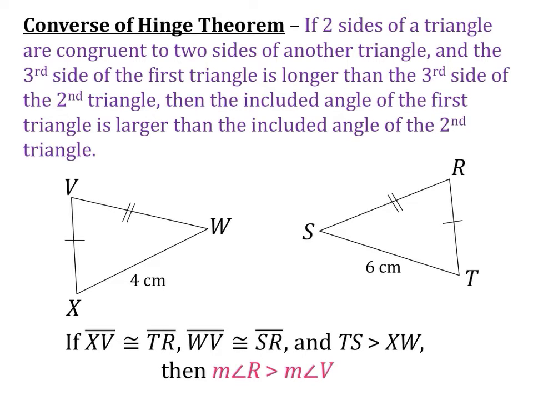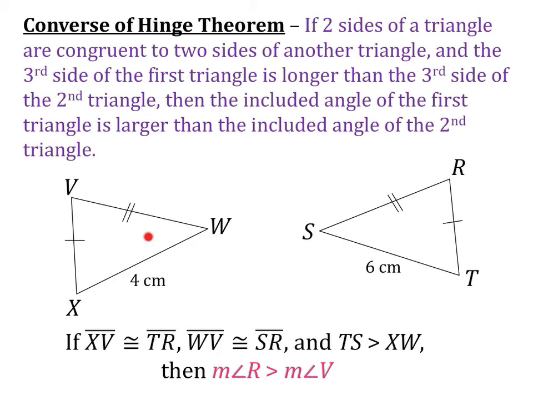The converse states if two sides of a triangle are congruent to two sides of another triangle, and the third side of the first triangle is longer than the third side of the second triangle, then the included angle of the first triangle is larger than the included angle of the second triangle. So similar relationship, except we're switching. Now we're looking at sides.